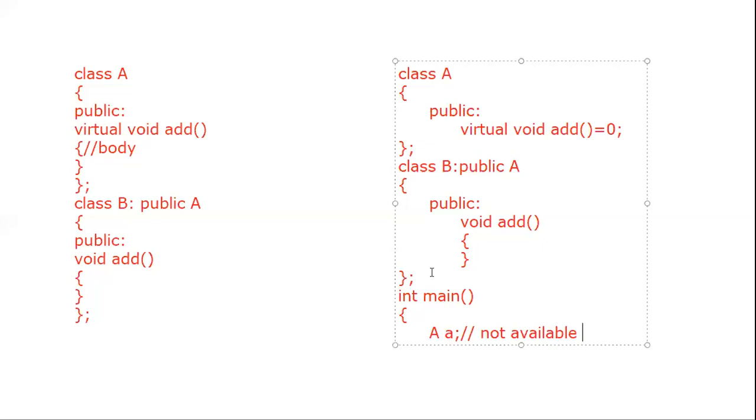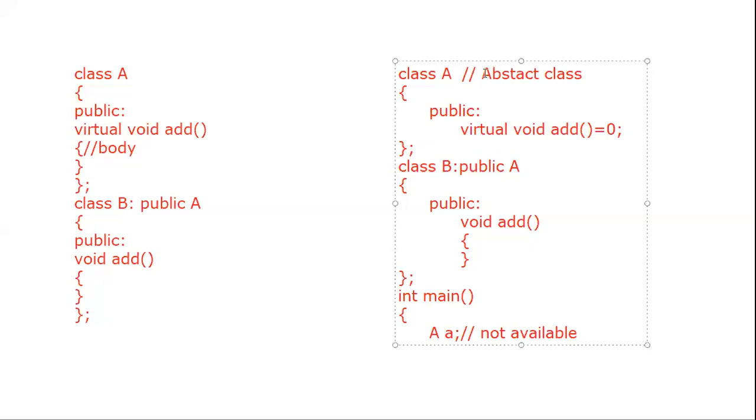That particular class is called an abstract class, guys. Where a pure virtual function is available inside the class, that class is treated as an abstract class. So according to this example, class A is called an abstract class, because we have considered the pure virtual function.